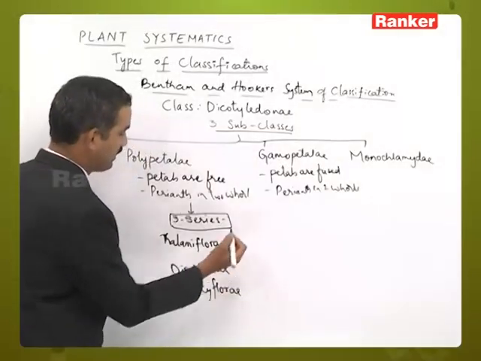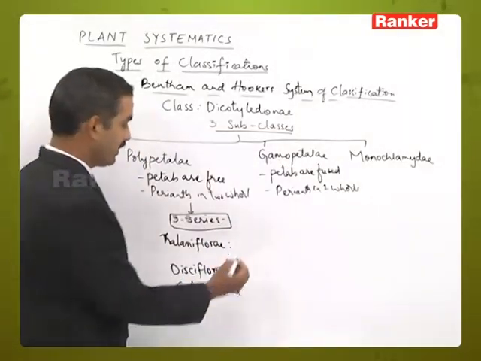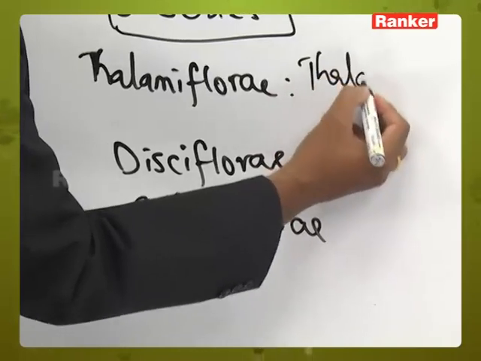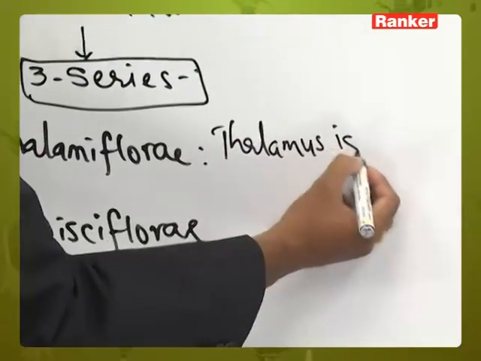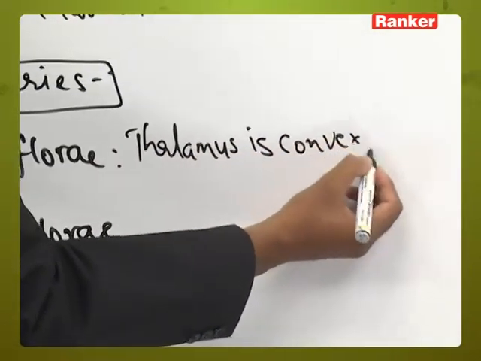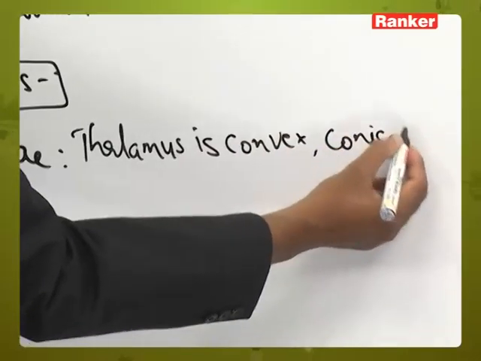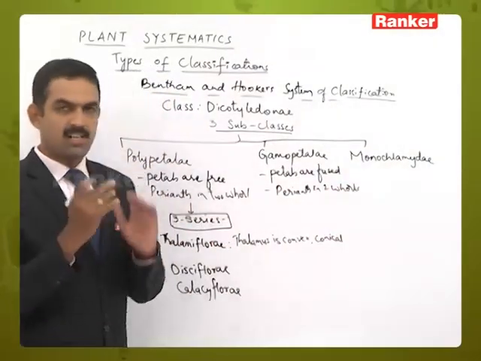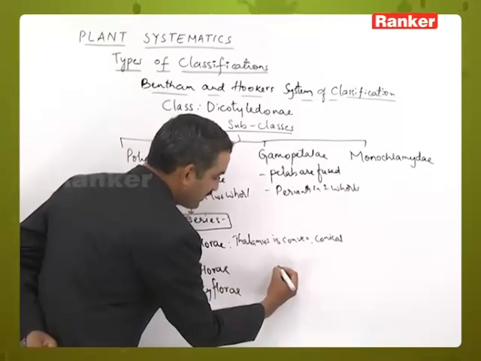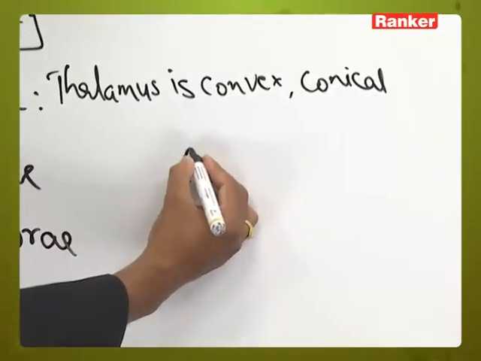Let's start with the first, Thalamiflorae. Here the thalamus is convex or conical shaped, and as it is convex or conical shaped, if you observe the diagram, the thalamus will be convex like this.